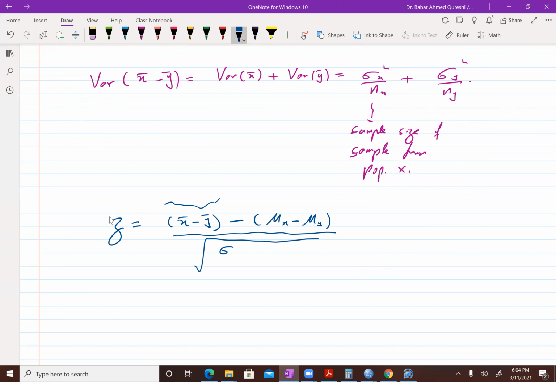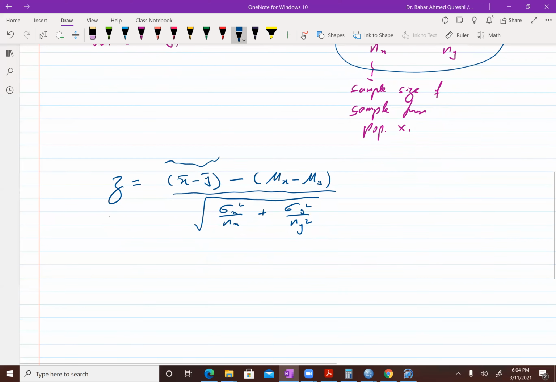We see that the standard deviation is just the square root of this variance, because standard deviation is the square root of the variance.